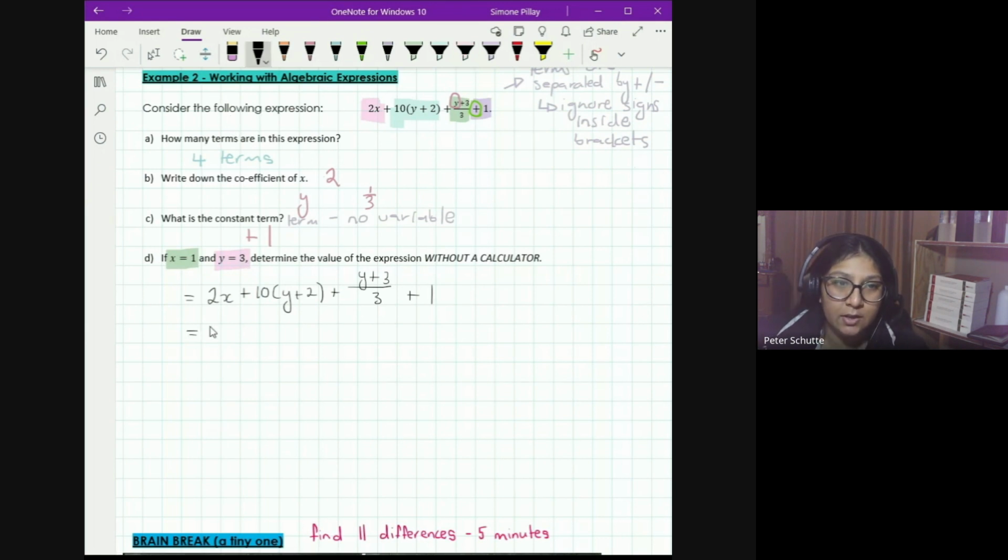We're going to say 2, and instead of x, I'm going to write 1 plus 10, and instead of y now, I'm going to write 3 plus 2 plus, and instead of y, I'm going back over here to 3 plus 3 over 3 plus 1.